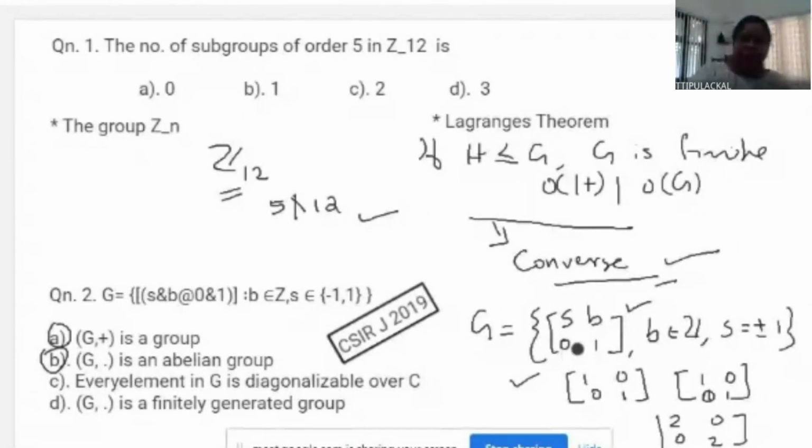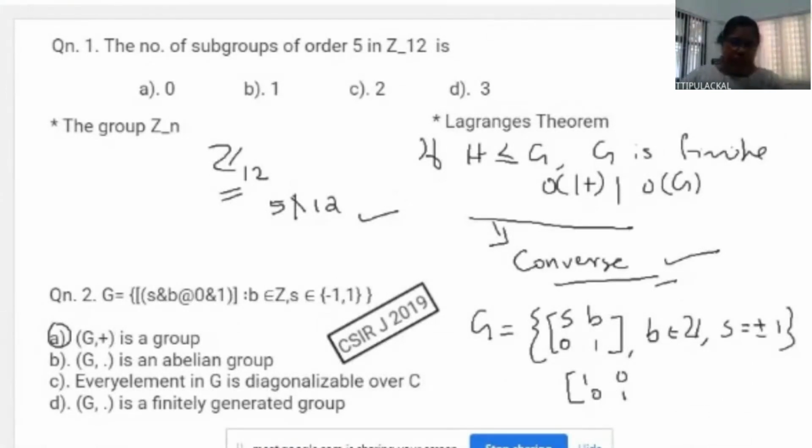For example, consider the matrix A = (1 1; 0 1) and B = (-1 1; 0 1). What is its product? I am just computing the 1-2 entry.